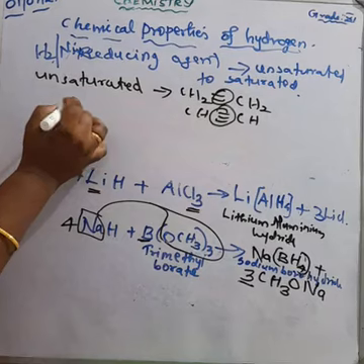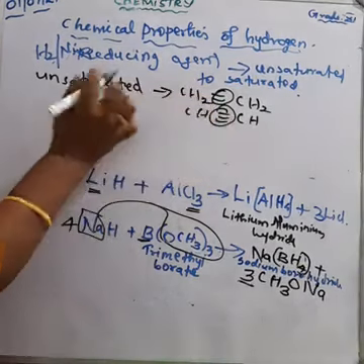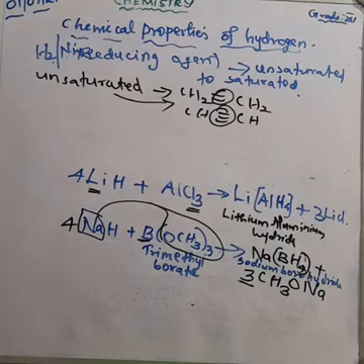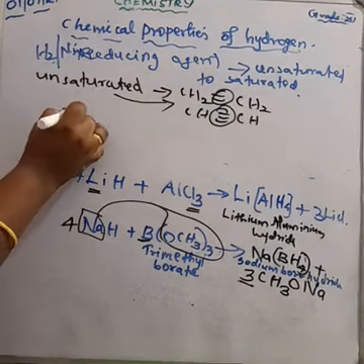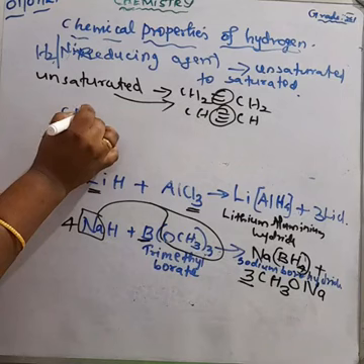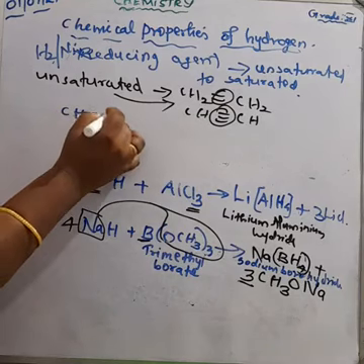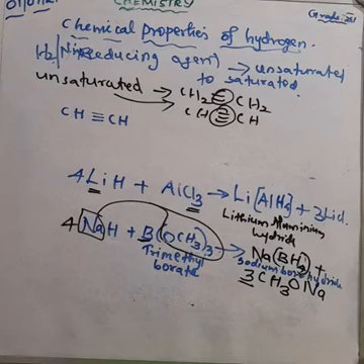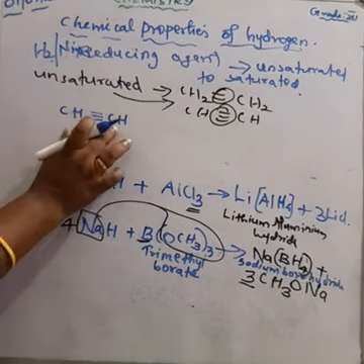When a compound has multiple bonds, that is an unsaturated compound. Here I am taking one unsaturated compound, acetylene. What is the formula for acetylene? CH triple bond CH.